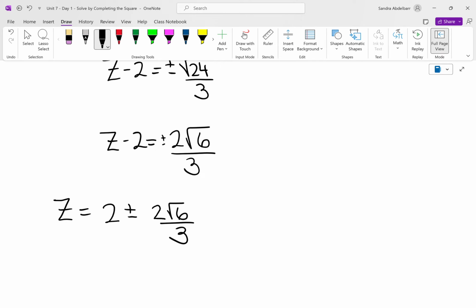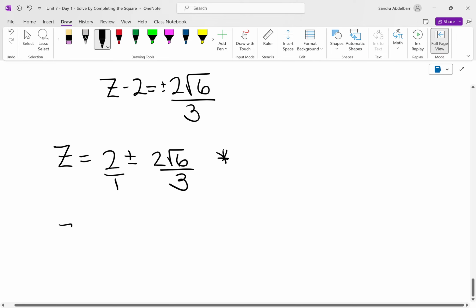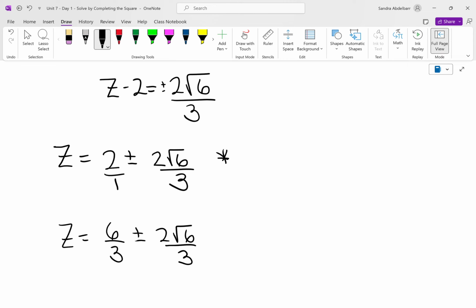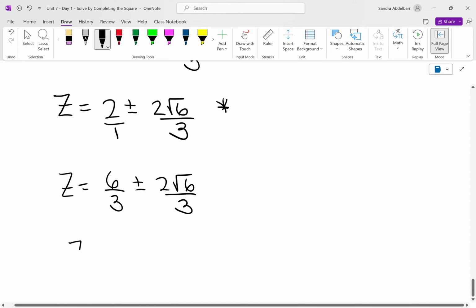Then we add the 2 over. So z equals 2 plus or minus 2 root 6 over 3. This is where I think the majority of people said they got their answer, right? Yes? So then I said create a common denominator. How do we create a common denominator?